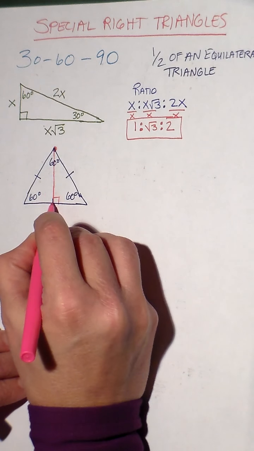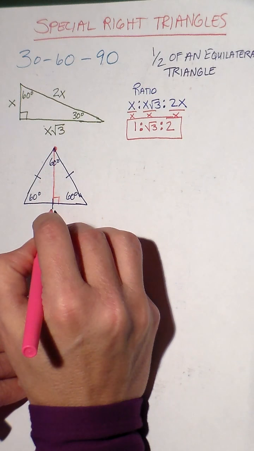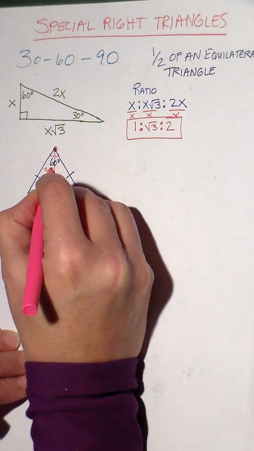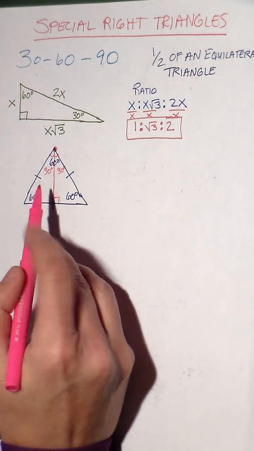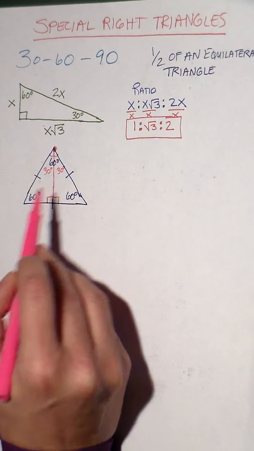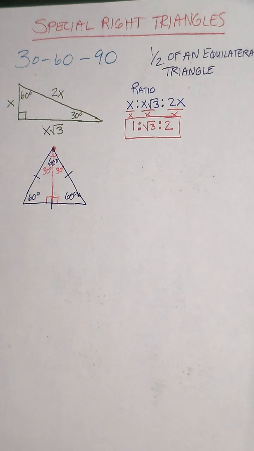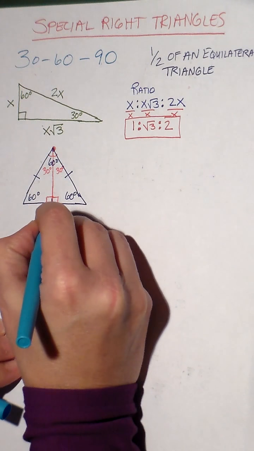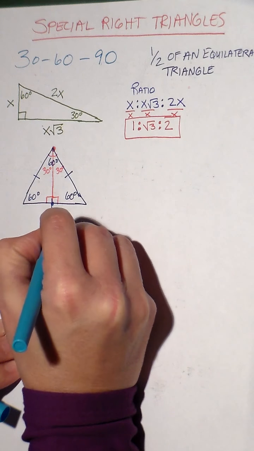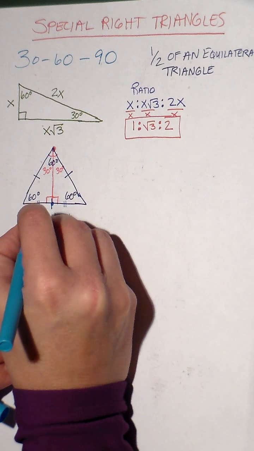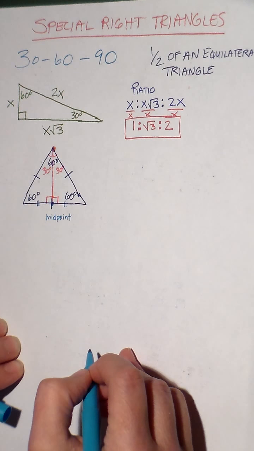So this is the altitude, but it's also the angle bisector, which means it's going to cut this in half. So we've got 30 and 30. You can see now where your 30, 60, 90s are formed. It is also the perpendicular bisector and the median, which means this down here is a midpoint, which means these two pieces are the same, right?